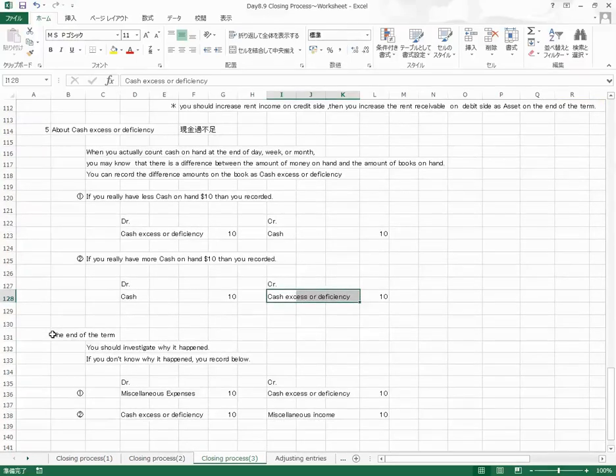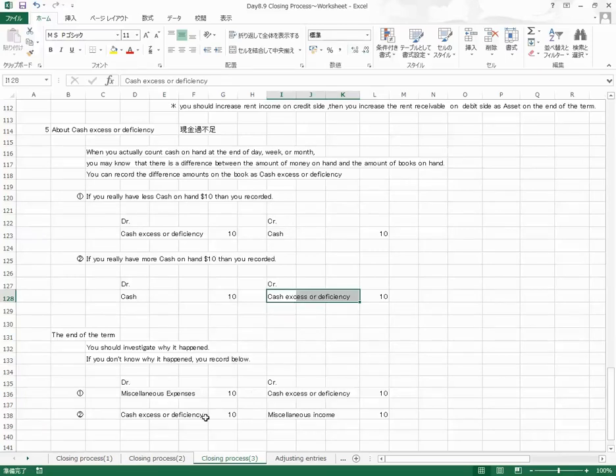At the end of the term, you should investigate why it happened. It is important. Maybe sometimes you miscalculate. One day it will be a deficiency of $10, and in the second week you find $10 excess, like that.